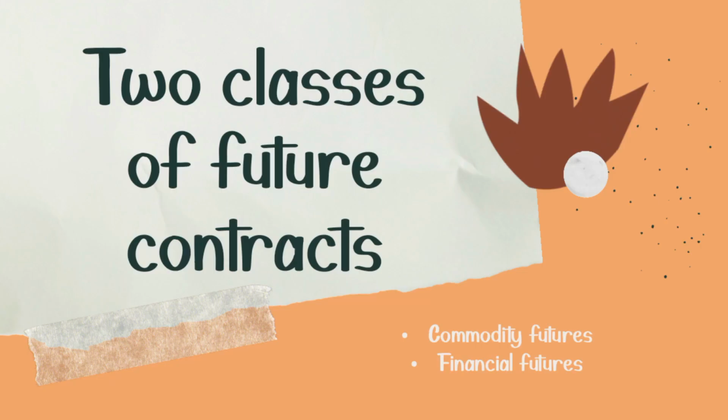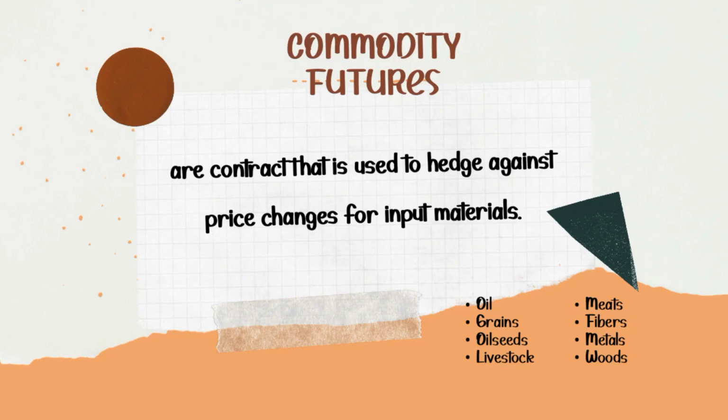And now, futures contracts are divided into two classes, commodity futures and financial futures. First, commodity futures are contracts used to hedge against price changes for input materials. They cover oil, various grains, oilseeds, livestock, meats, fibers, metals, and wood.